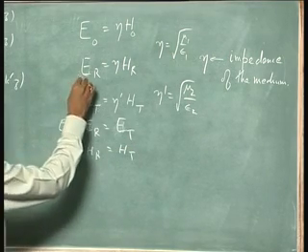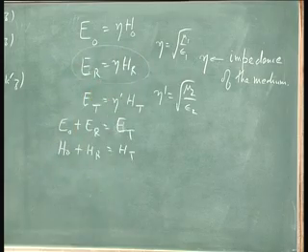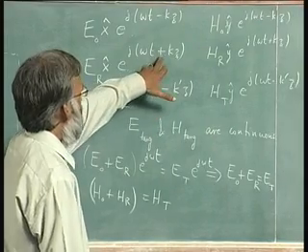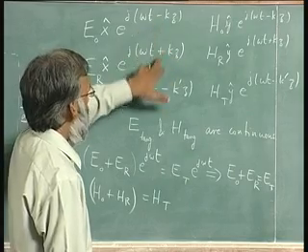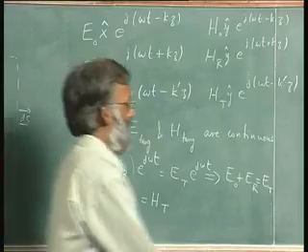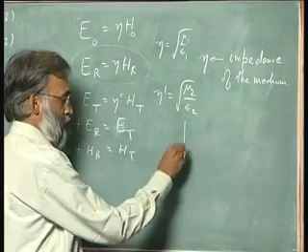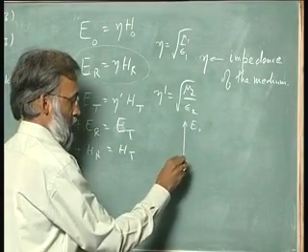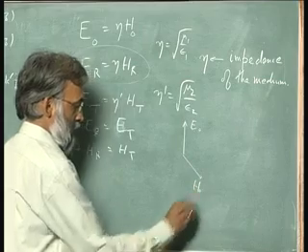Now, there is one problem with this equation. If you look at what we have done, when you write down the connection between E naught and H naught, E naught is this way, H naught is this way.